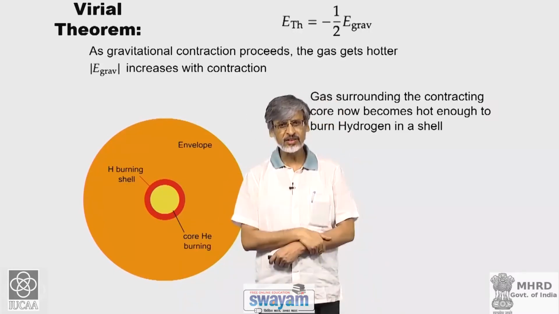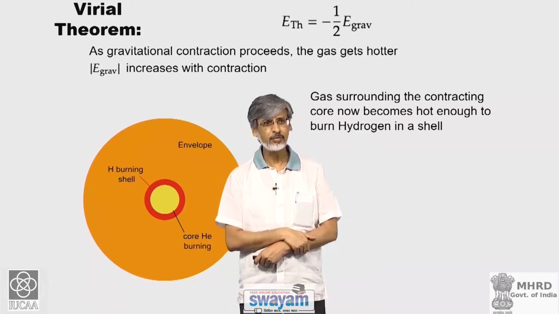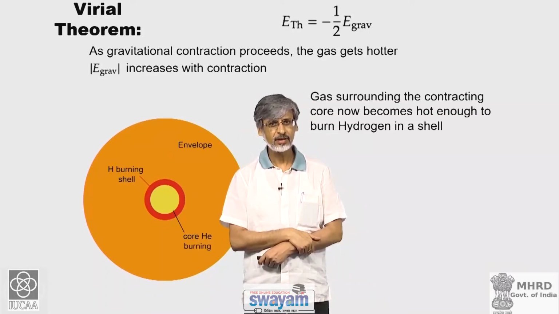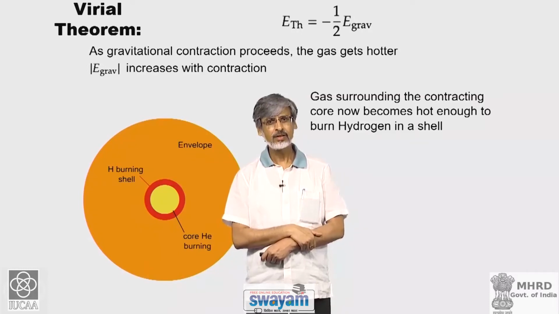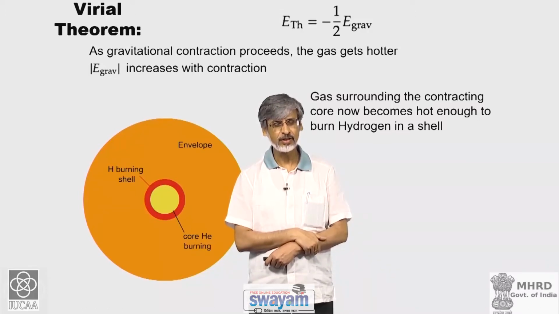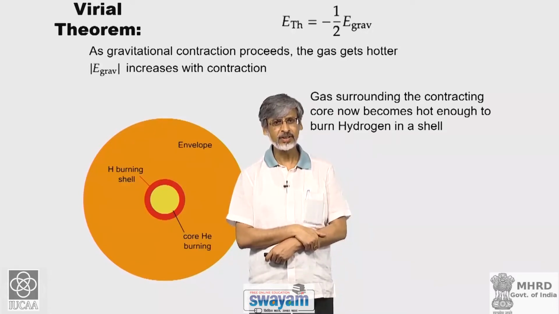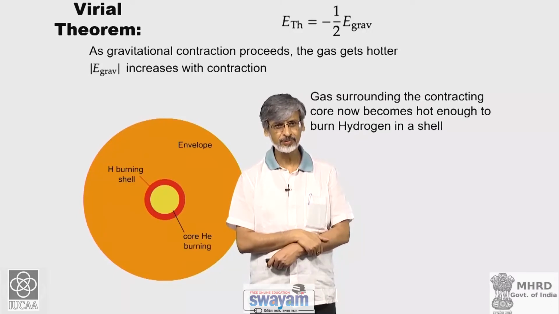So, this is an interesting cycle to keep in mind in case of gravitationally bound objects, where loss of thermal energy leads to contraction, which leads to further heating in the interior. So, as you take energy away, the configuration gets hotter.